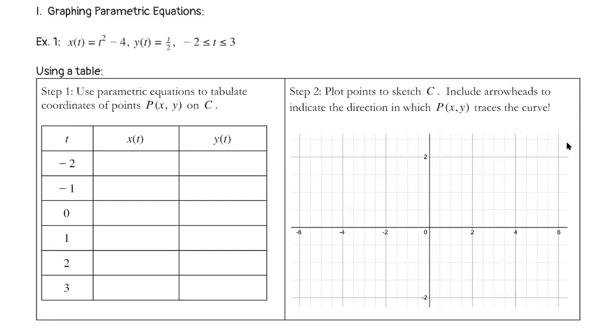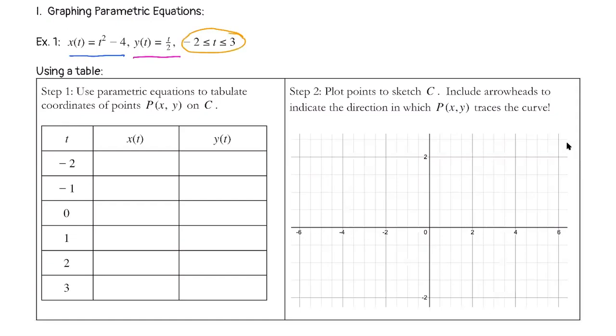Okay. So let's take a look at some graphing of parametric equations. Here we have a set of parametric equations, x of t, and y of t. When we have parametric equations, we want to make sure that they come in a pair, that you have an x and a y. And then you want to know what kind of t values you're going to be plugging in.